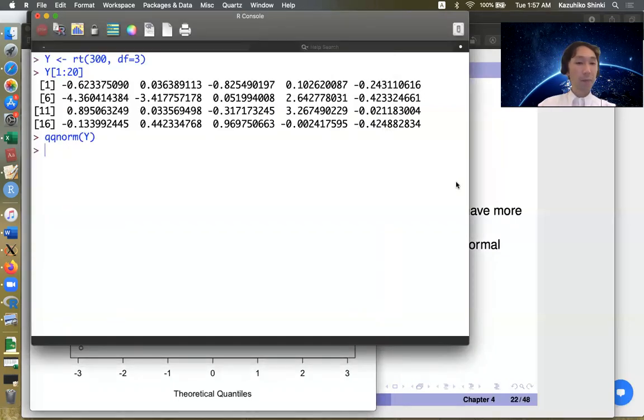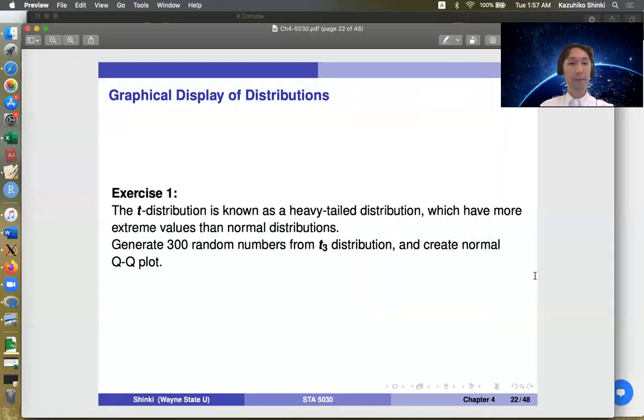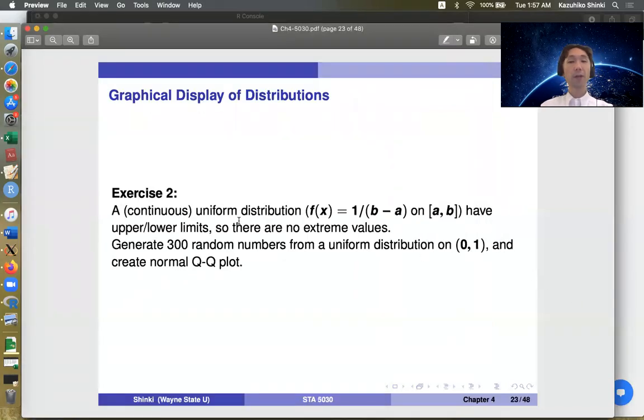Okay, so next example, we think about the uniform distribution. The uniform distribution gives random observations between an interval A and B, where A and B are given numbers. Suppose A is 0 and B is 1, so just random numbers between 0 and 1, uniformly distributed.